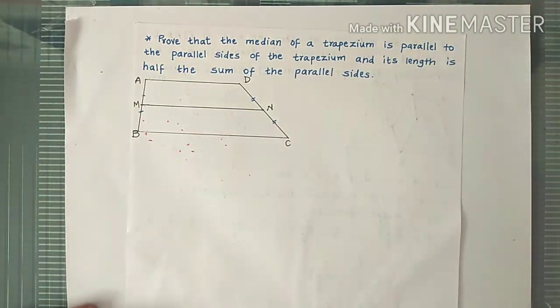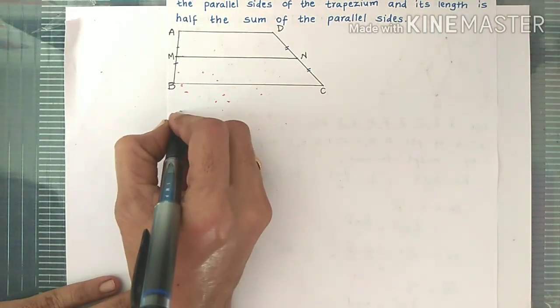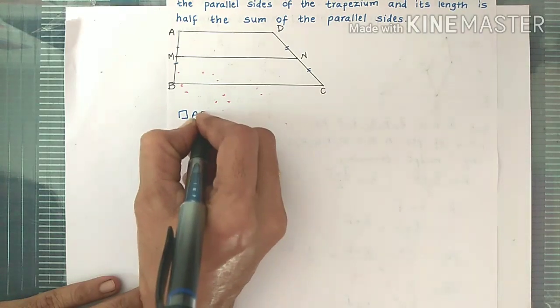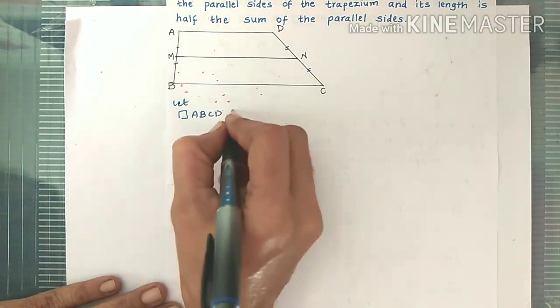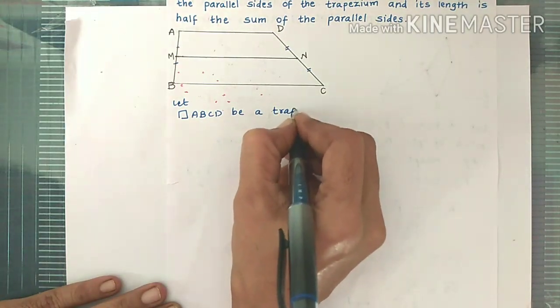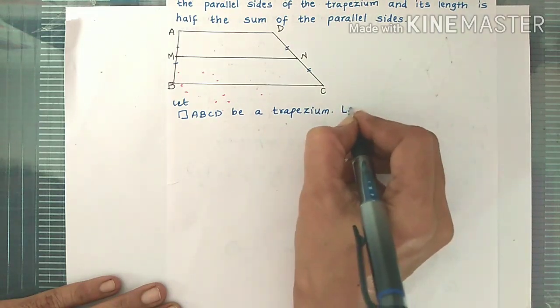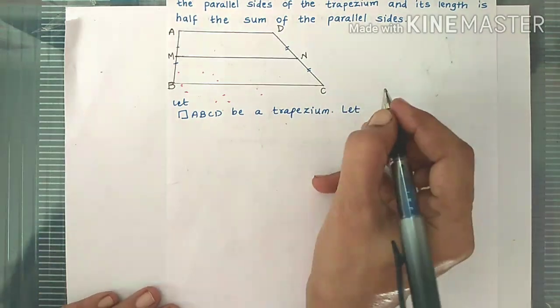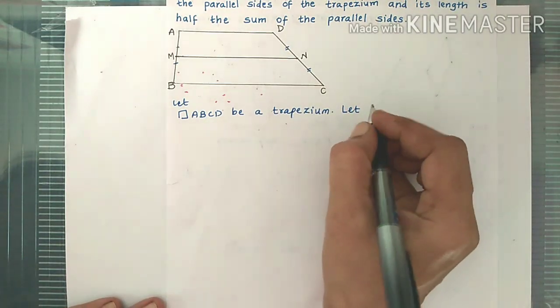Okay. So let's take, first of all, let's consider quadrilateral ABCD be a trapezium. Then we have taken M and N as midpoints of the sides AB and CD. Those sides are not parallel.